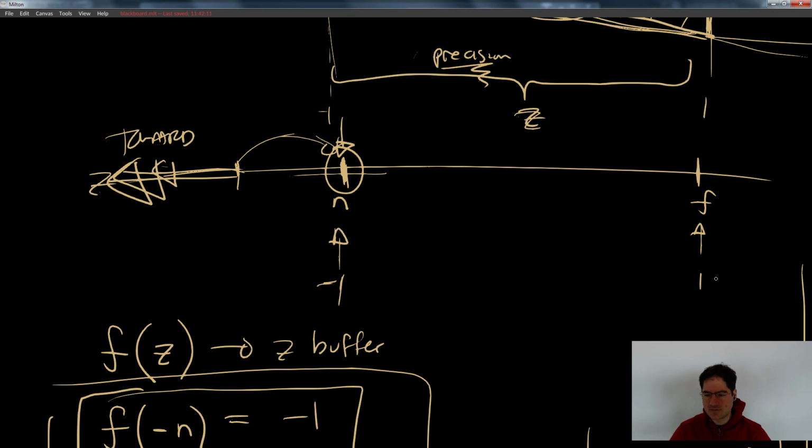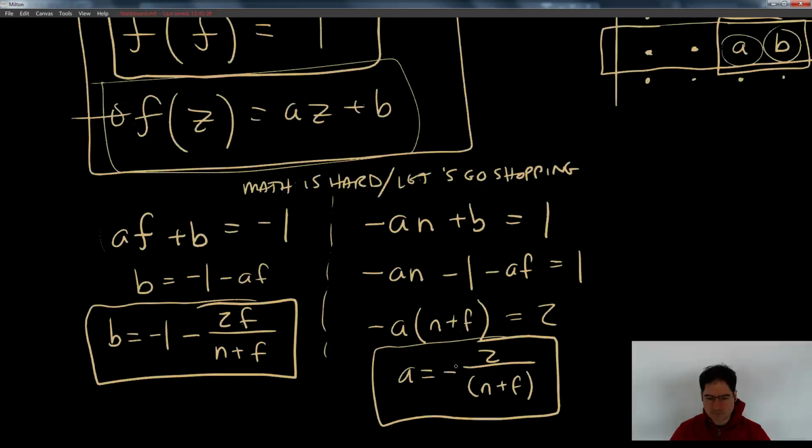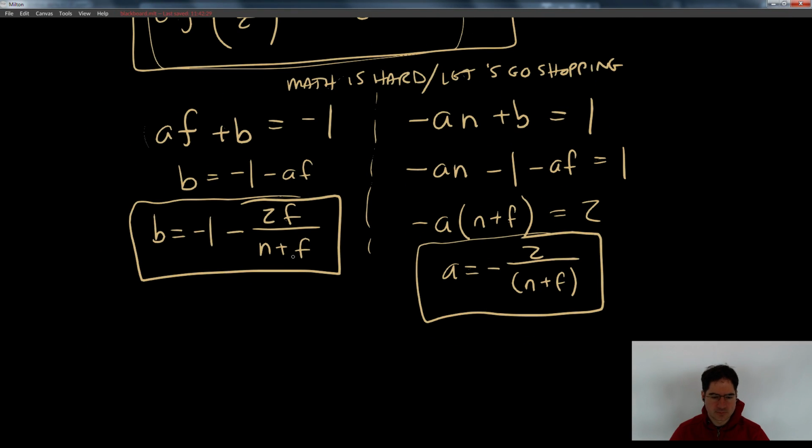One is I can put in f and verify that I get 1 out. And the other is I could put in 0.5 n plus f and verify that the thing I get out is somewhere in between, right? I should be able to get something that maps between those two.